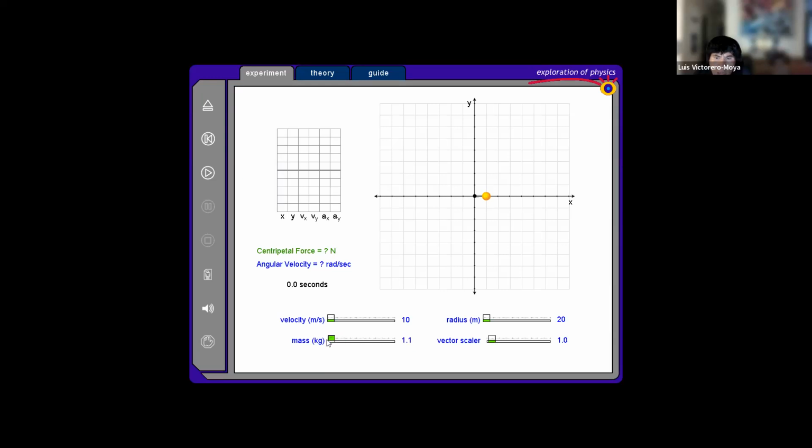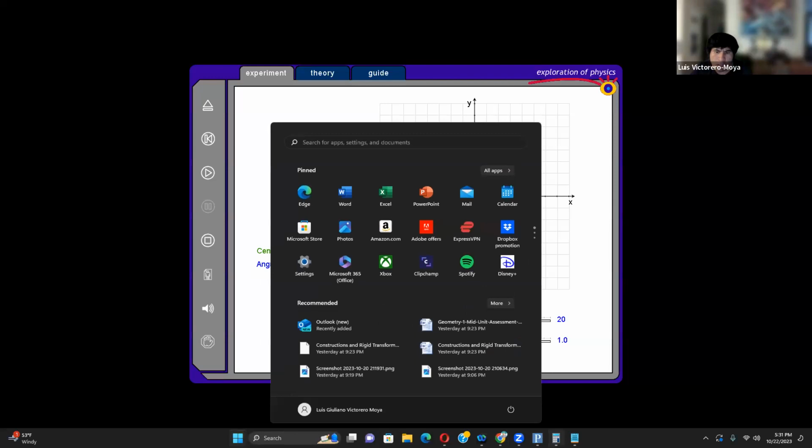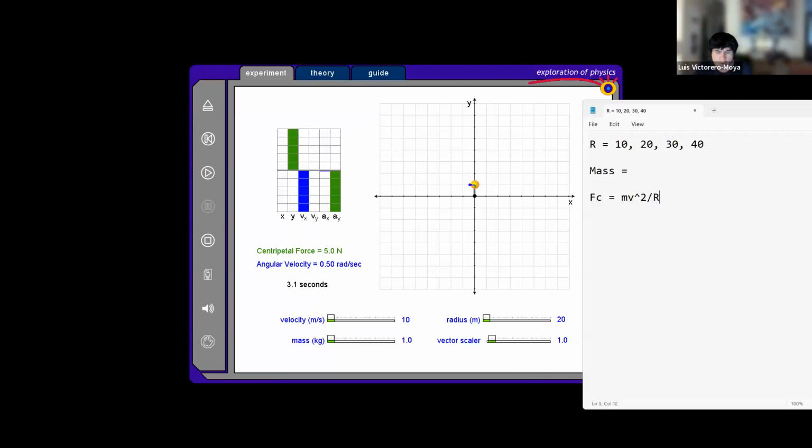So for 1 kilogram, what's the centripetal force? So give us 5 newtons. So what you're going to do is you're going to write that this is equal to 5. 5 equals to mass. We're going to adjust the mass. The velocity squared is 100 divided by a radius. So if my mass, so 1 over 20, that's m divided by r.